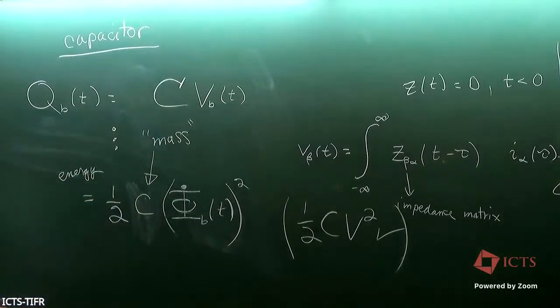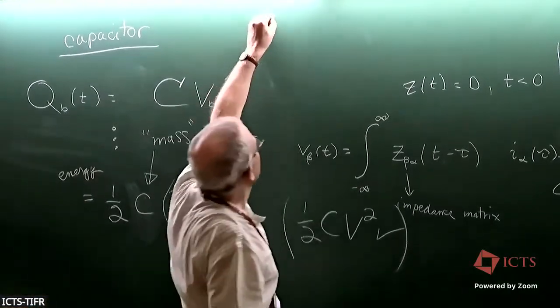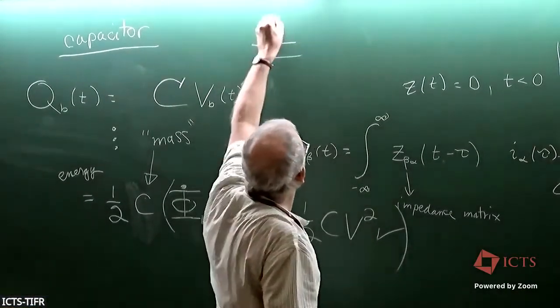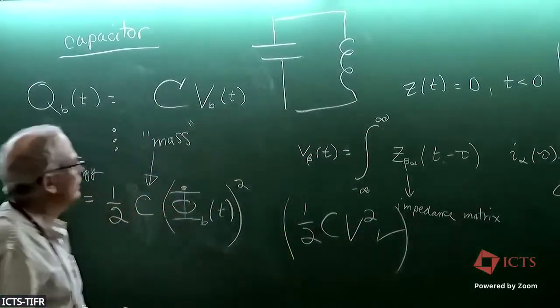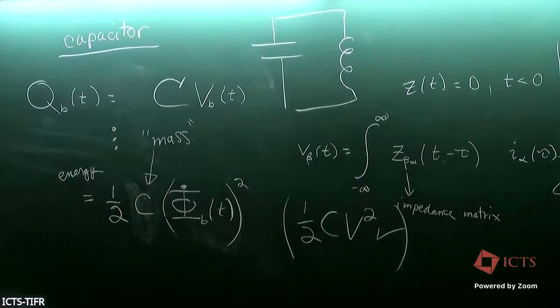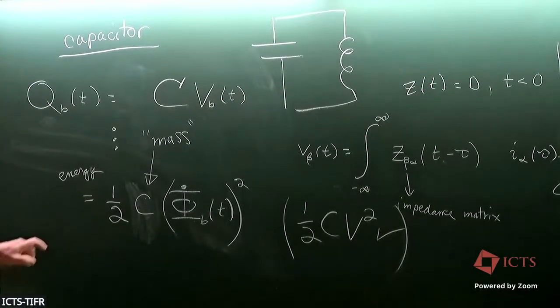So if I have only one capacitor and one inductor, and it would indeed be the circuit like this, that's why we say that this is a circuit exactly analogous to the dynamics of a particle in a harmonic potential with mass C. Now, of course, the dimensions are wrong.